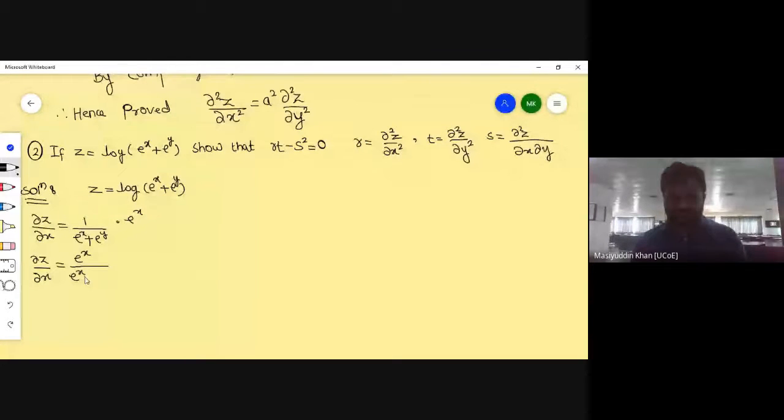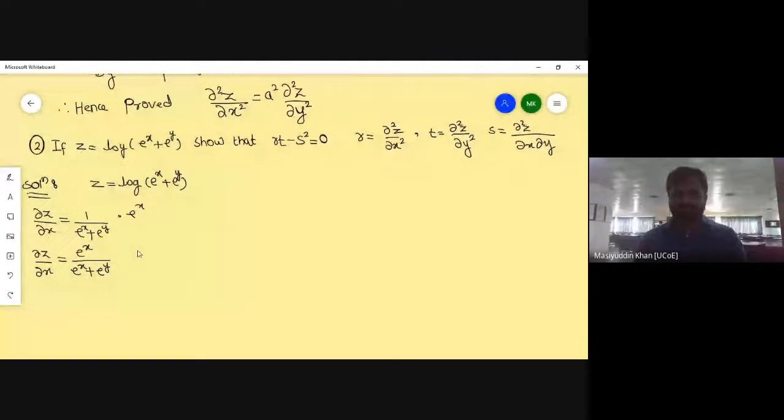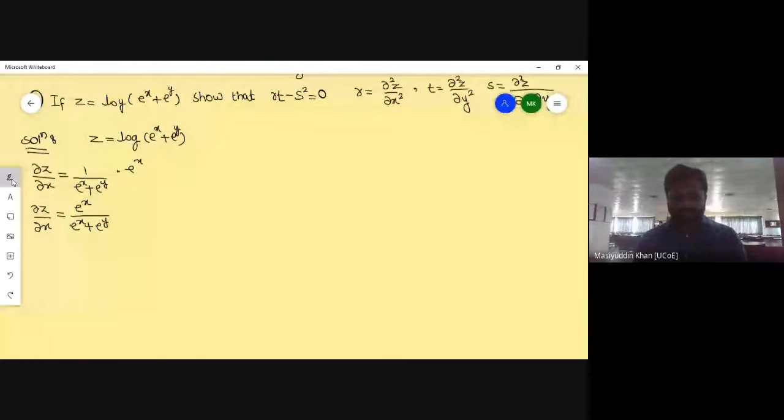Now we have to differentiate this function again because it is clearly mentioned here. We have to differentiate twice. So ∂²z/∂x² is equal to. So we have to perform the u by v rule. So v, meaning the denominator e raised to x plus e raised to y, into the derivative of u with respect to x.